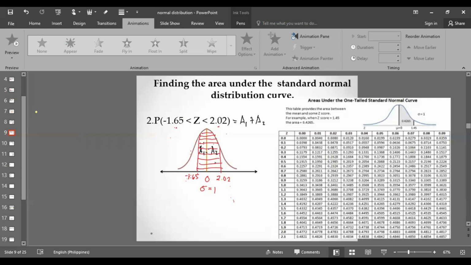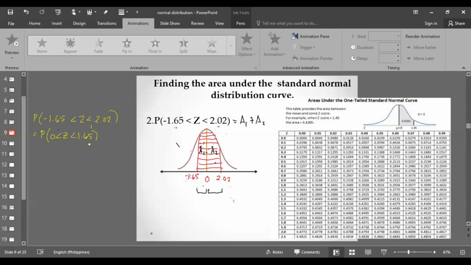Let's proceed to the computation. So we're going to get the sum of the probability of the area between 0 and 1.65 and the area between 0 and 2.02. So we write here the area between 0 and 1.65.